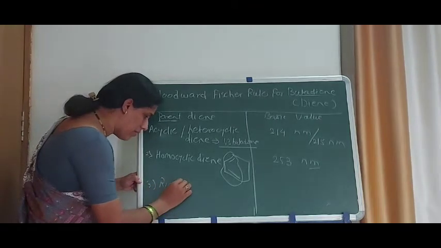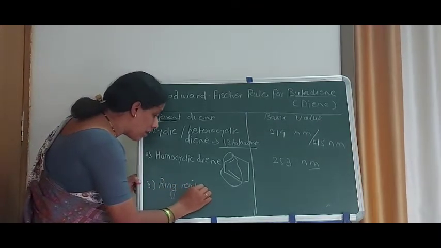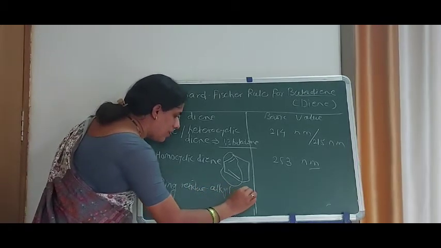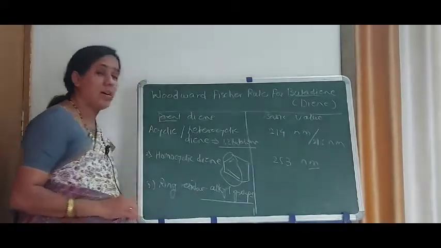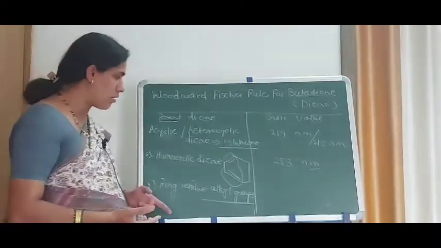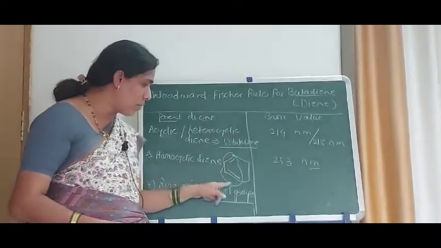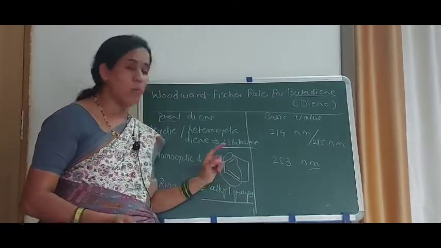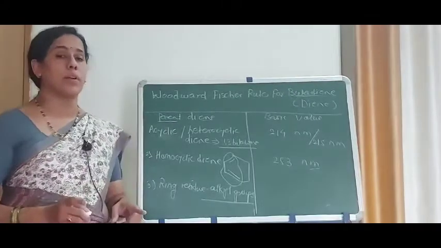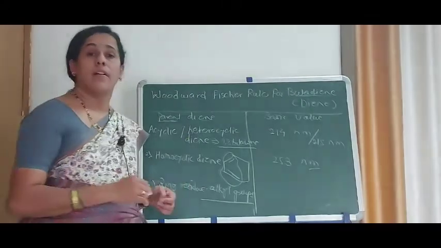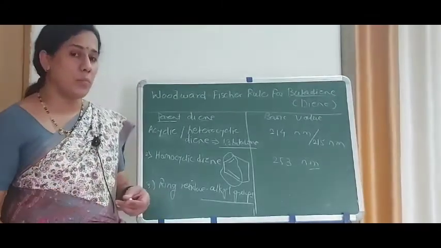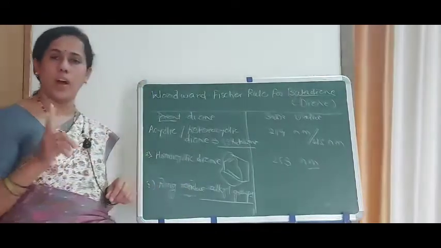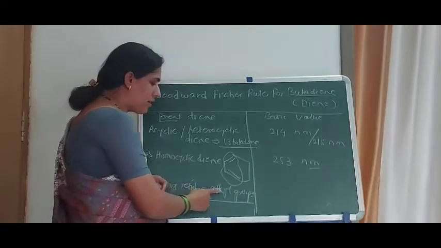This is the most important. Ring residue or alkyl groups. How to identify ring residues or alkyl groups? In a given butadiene structure, with its 1, 2, 3 and 4 carbon atoms, if any bond or alkyl group is attached, you have to identify it as a ring residue.